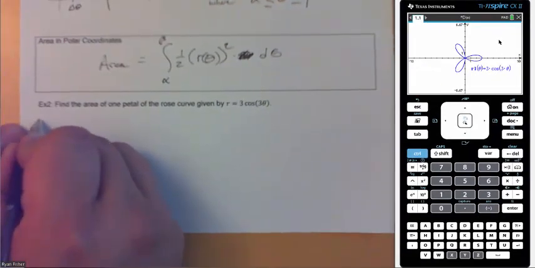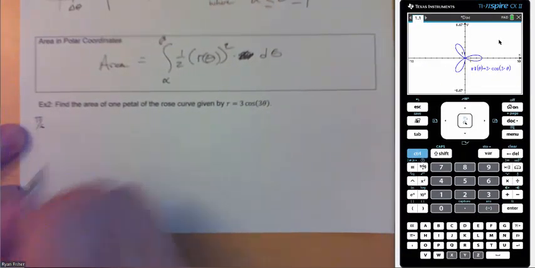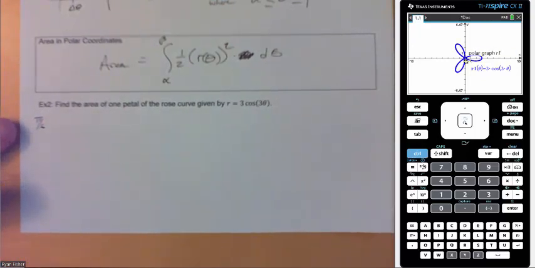So I know one bound is going to be pi over 6, and by symmetry you can see that the first negative version of that is in fact negative pi over 6. That would be if you rotate backwards, because at 0 cosine is 1, so when theta is 0, we're definitely way out here.